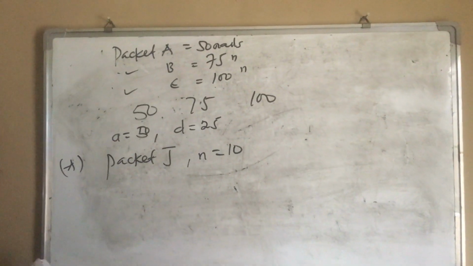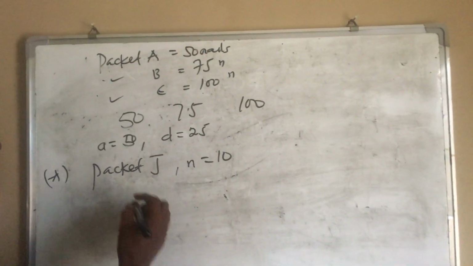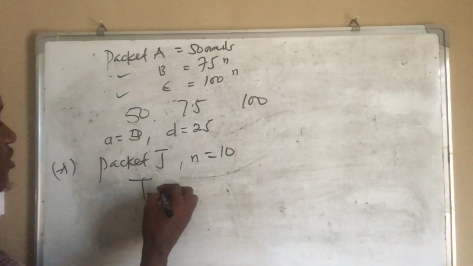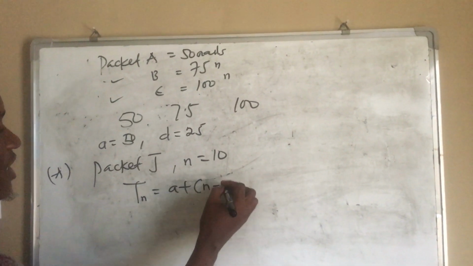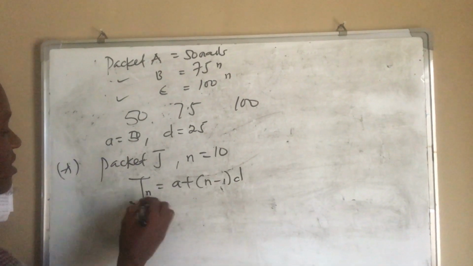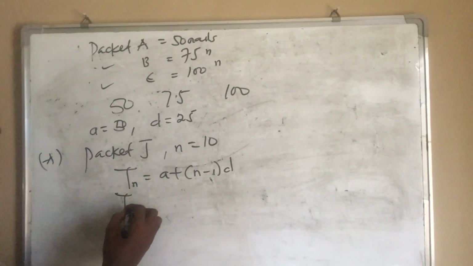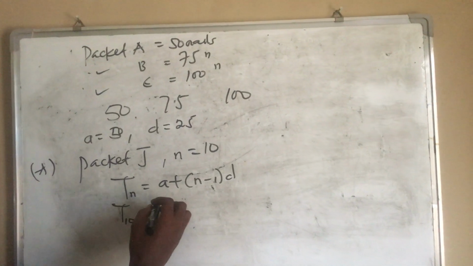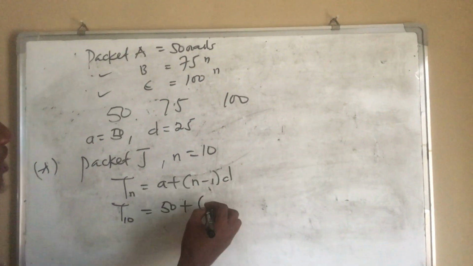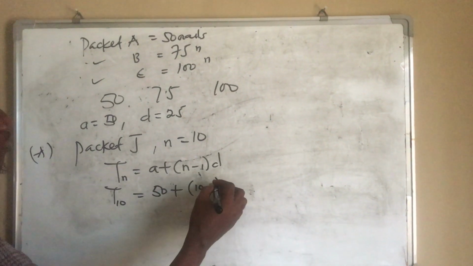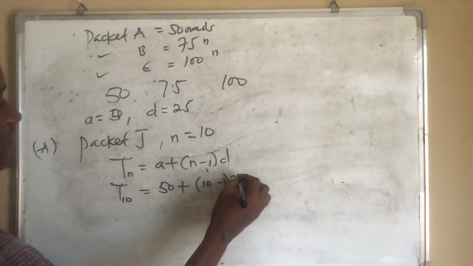To know the number of names in packet J, Tn = a + (n - 1)d. So T10 = 50 + (10 - 1) times 25.